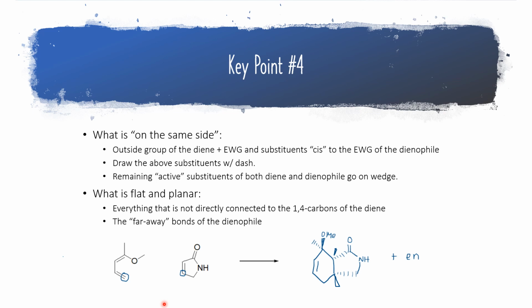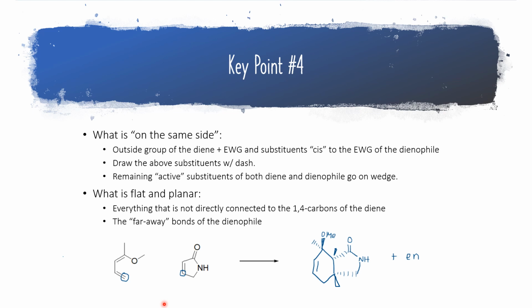You want to draw those on the same side with a dash. And the remaining active substituents of both diene and dienophile go on the wedge. So this goes to the next point: how do you know what's going to be flat and planar, a straight line, not a wedge or a dash? Everything that is not directly connected to the 1,4 carbons of the diene is going to be flat and planar.